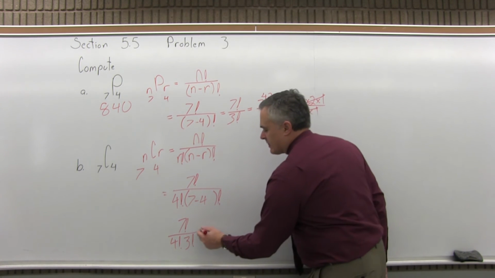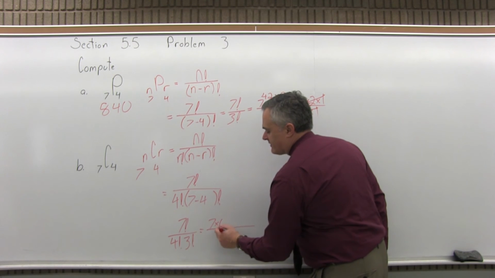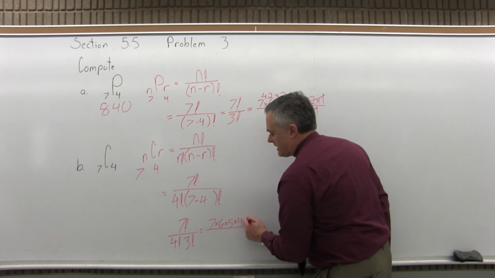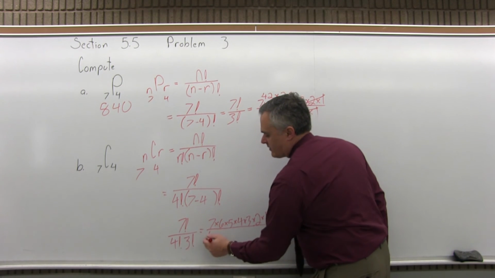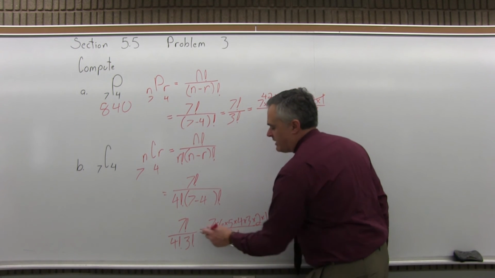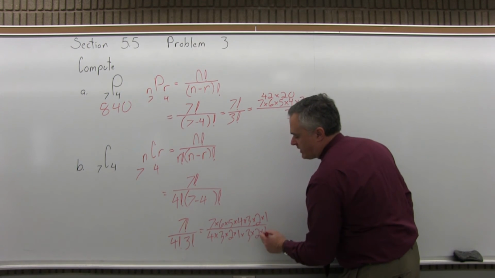So now, expand out your factorials. 7 factorial in the top is 7 times 6 times 5 times 4 times 3 times 2 times 1. In the denominator, 4 factorial is 4 times 3 times 2 times 1. And 3 factorial is 3 times 2 times 1.